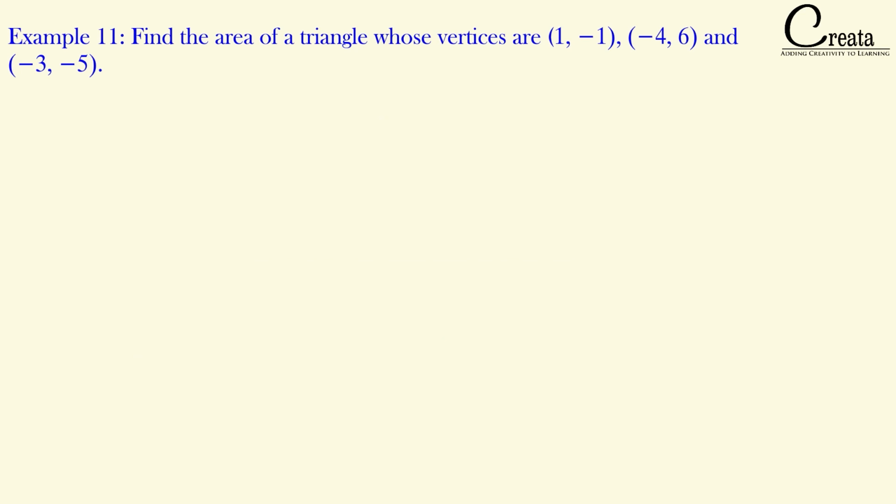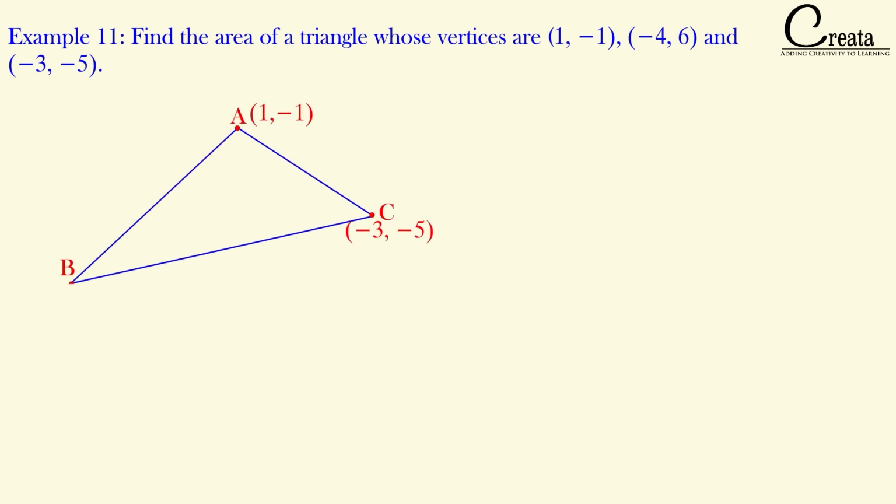Coming back, in this question, the three vertices of a triangle are given. We can take these three vertices as (x1, y1), (x2, y2) and (x3, y3), and we have to calculate the area of this triangle.